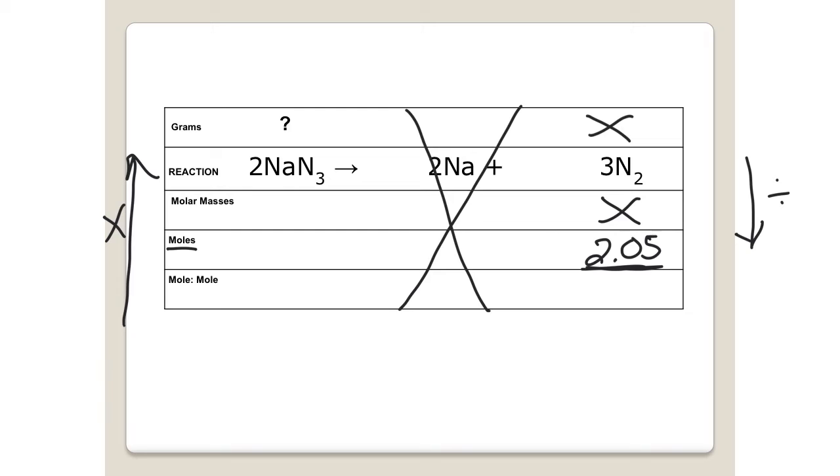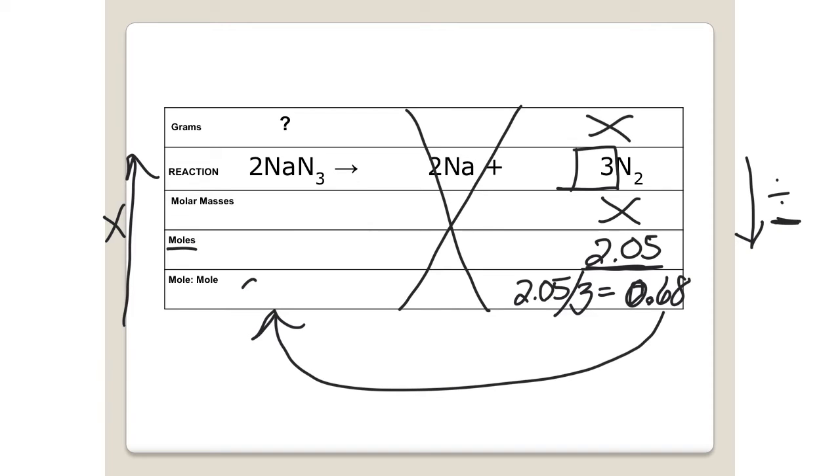We take whatever our mole is, we're going down, so we're dividing, and what we divide by is the coefficient, which is a 3. So if we take 2.05 divided by 3, we're going to end up with 0.68. That's the first step.